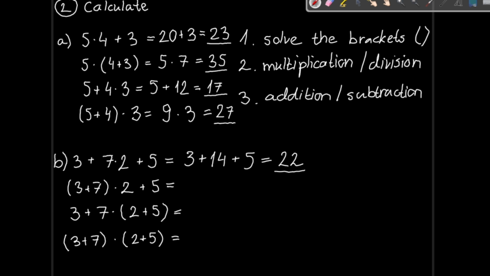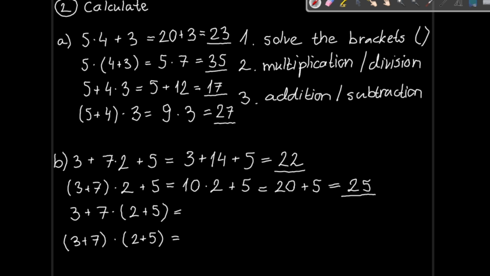Okay, second case, we need to do the brackets first. So we get 10 here, times 2 plus 5. Now, next thing, we need to do the multiplication. We get 20 here, plus 5. And then we just add these two numbers together, that gives us 25.